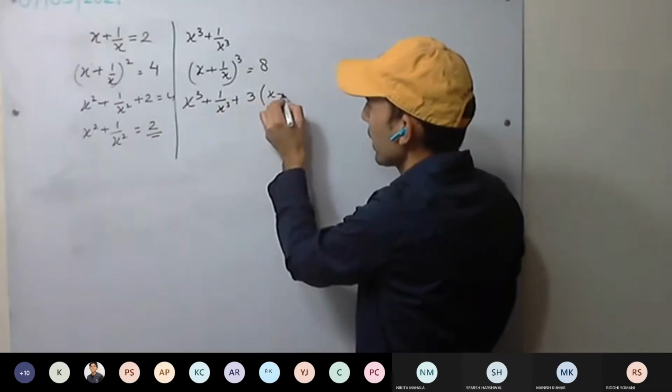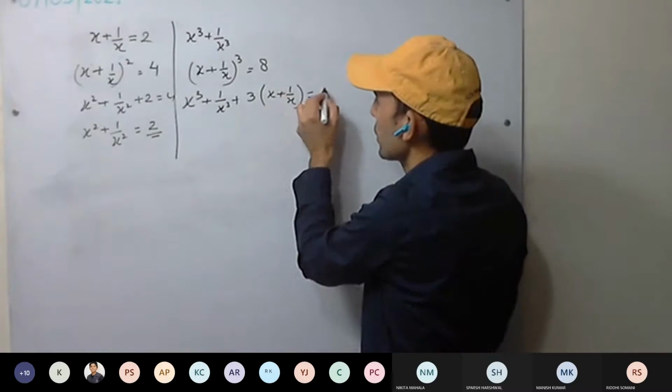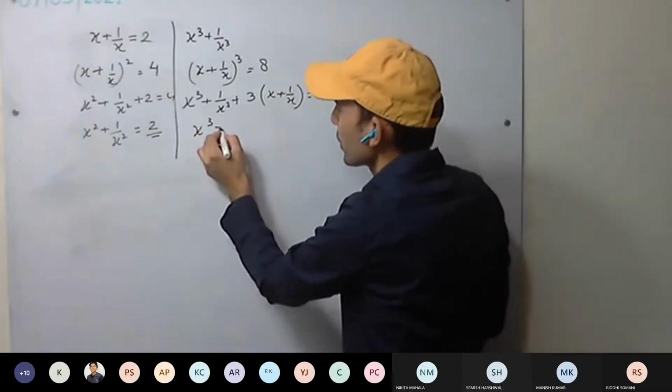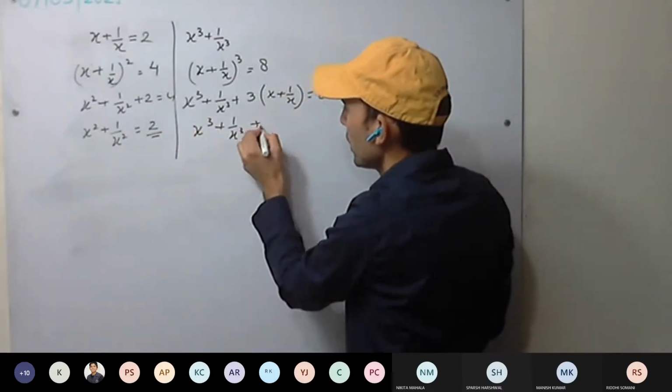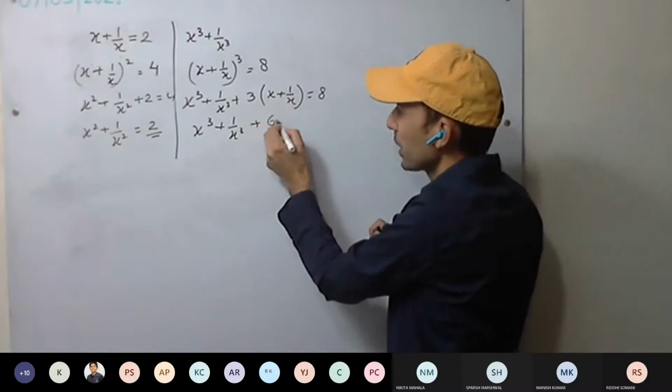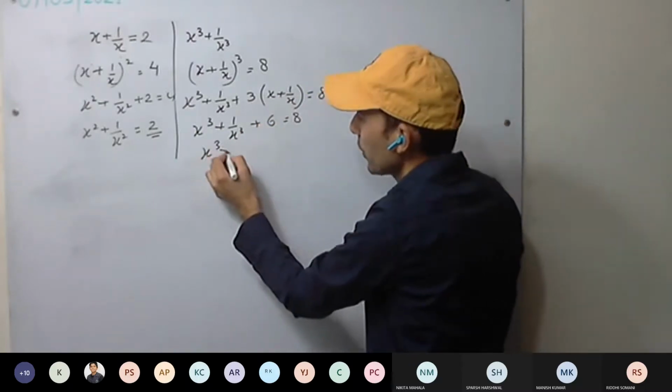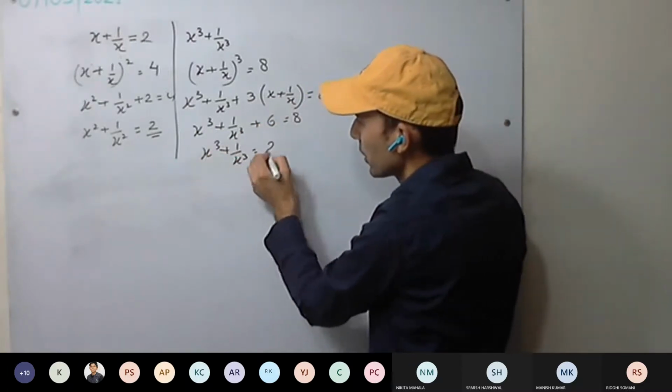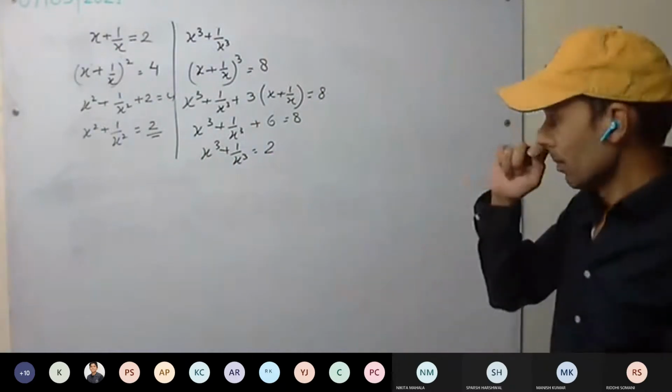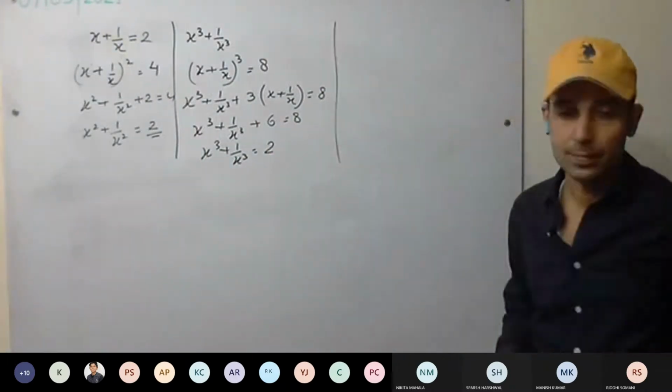They get cancelled. x plus 1 upon x equals 2, so 3 times 2 is 6, x cube plus 1 upon x cube plus 6 equals 8. So x cube plus 1 upon x cube, how much did you get? 2.